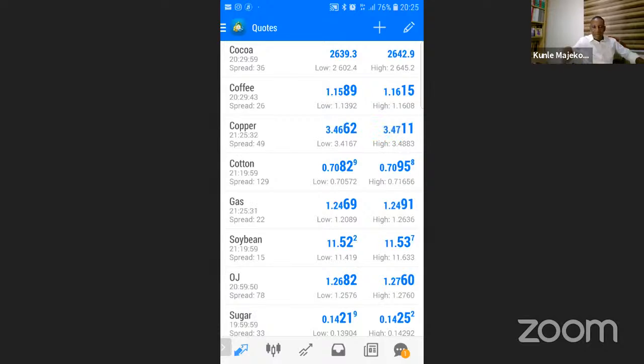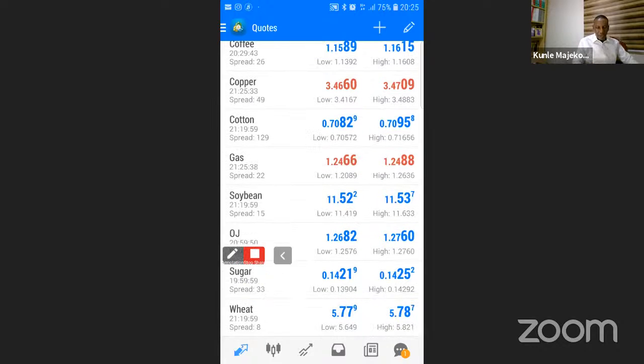And if you look down, let me just move this up, you will see some signs at the bottom. You see some arrows at the bottom left, one arrow going down, one arrow coming up. That is the icon for Market Watch, where we are right now.